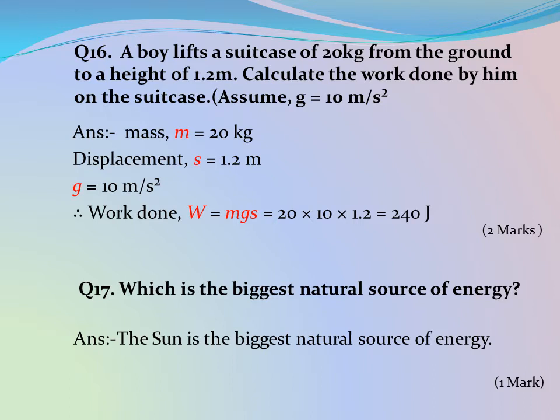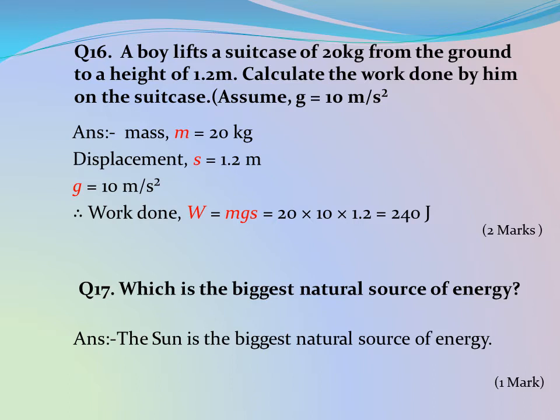Answer: mass m equals 20 kg, displacement s equals 1.2 meter, g equals 10 meter per second squared. Therefore, work done W equals mgs equals 20 into 10 into 1.2 equals 240 joule.